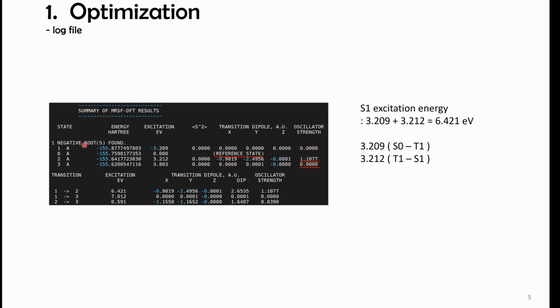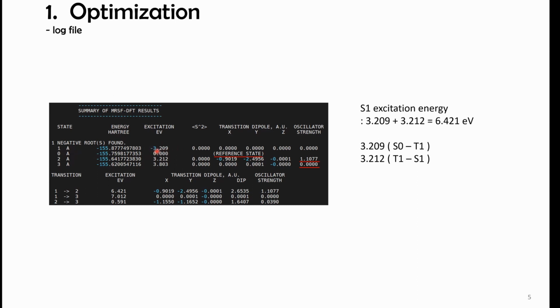When we think about the excitation energy, MRSF is slightly different, because MRSF takes a reference state, first calculates the reference triplet state, and gets the response states. So this excitation energy in electron volts is a difference between the triplet and singlet states.